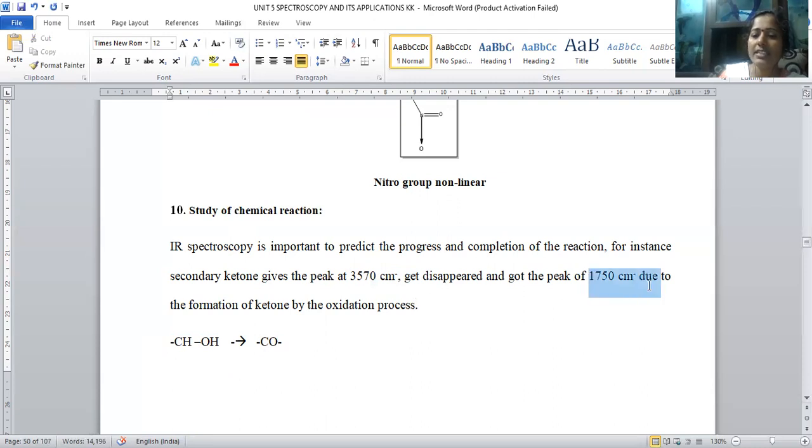If only a single peak appears, at 1750, it indicates all the starting material is now converted into product, and the reaction is completed. So in this way, we can study chemical reactions.